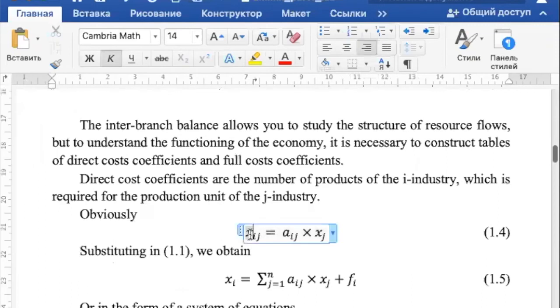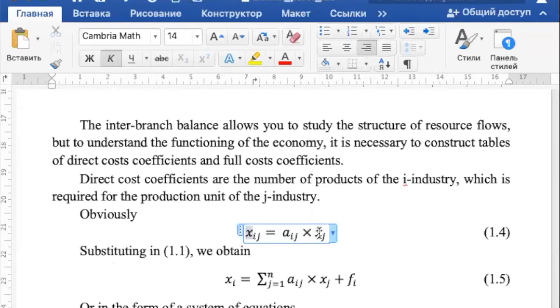That's how we can define these interbranch deliveries, Xij: by multiplication of the direct cost coefficient by the output of the J industry that must be produced by using products from other industries.